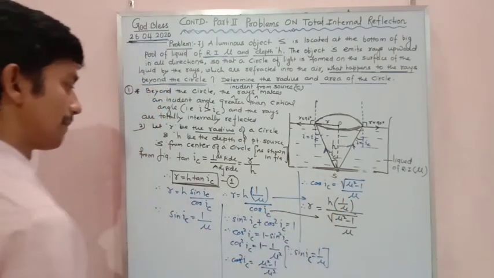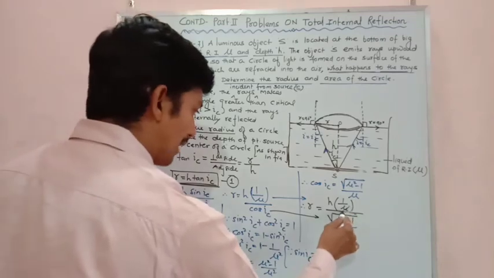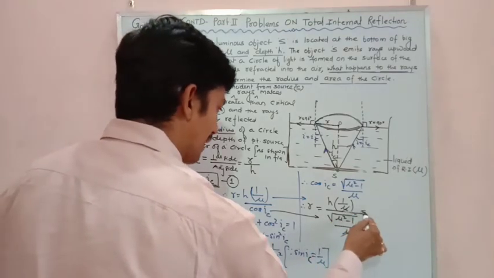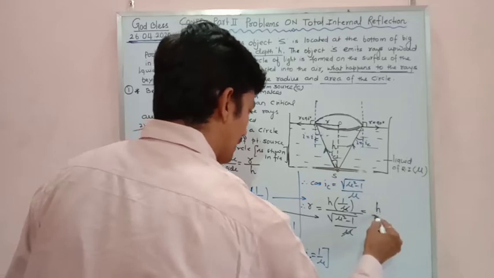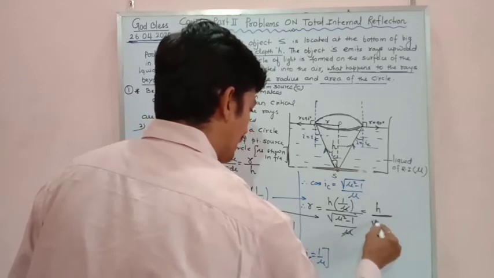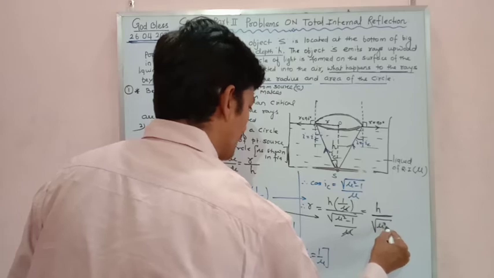Now mu and mu cancel, so here I am getting the value for R, the radius, as H upon under root of mu square minus 1.